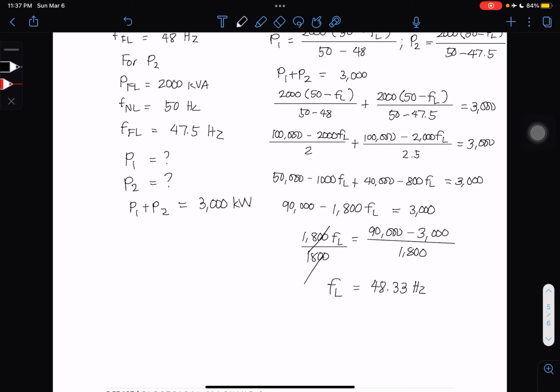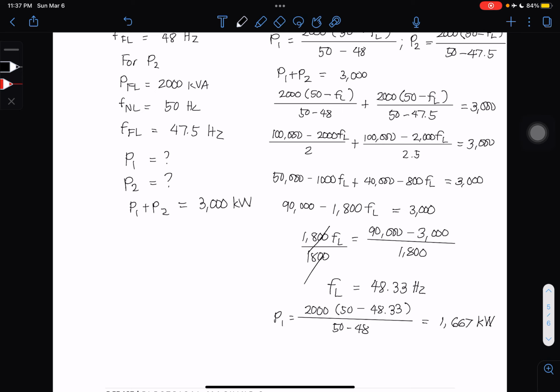So nakuha na nato ang FL, pwede na ta makasolve sa kilowatt shared by each machine. Substitute nato ang na-solve nga FL. Sa P1, we have 2,000 times 50 minus 48.33 divided by 50 minus 48. So our kilowatt shared in machine 1 is 1,667 kilowatts.